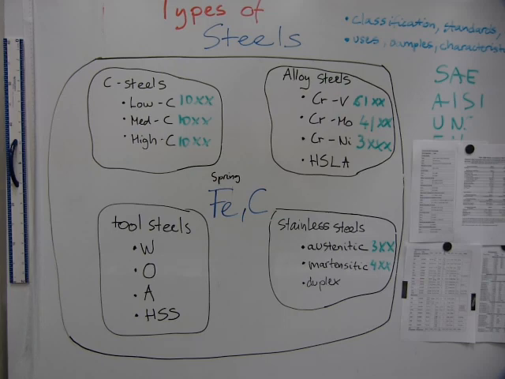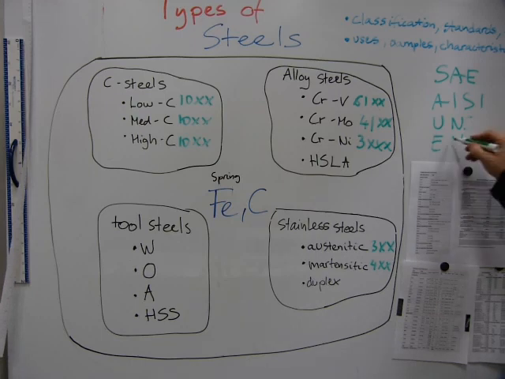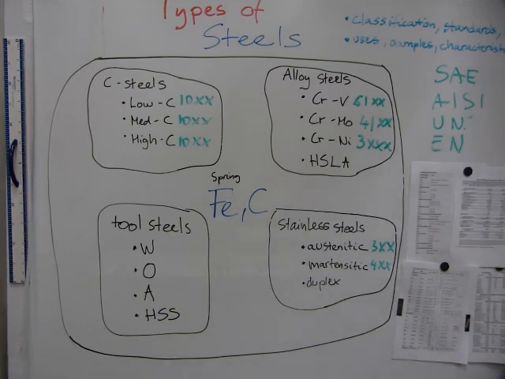This steel classification is quite universal, but on the top right hand corner you can see some organizations that develop standards that relate to steel production. Manufacturers are not at all at liberty to make any kind of steel they feel like.